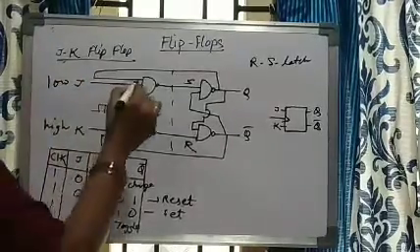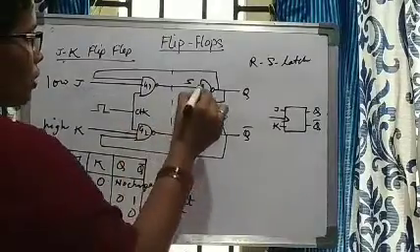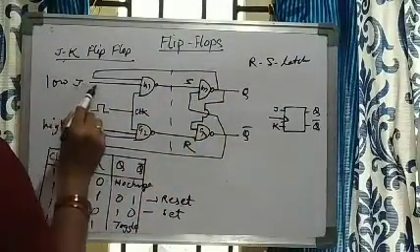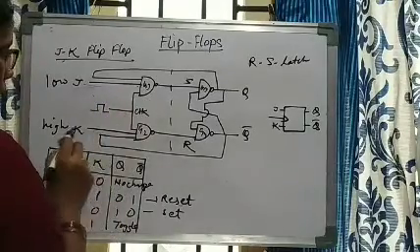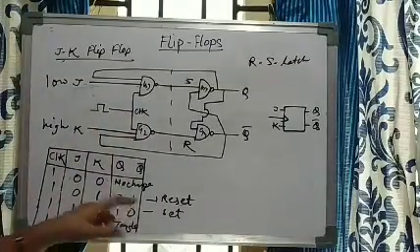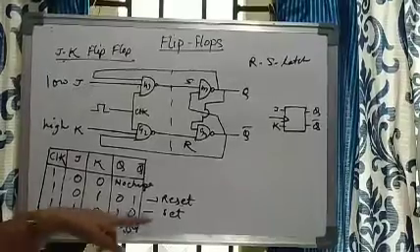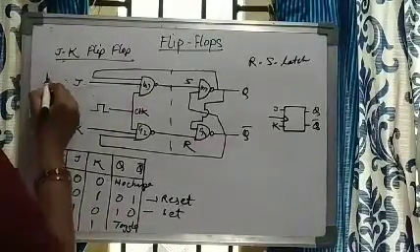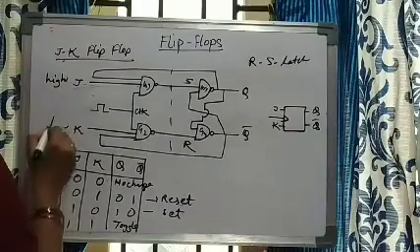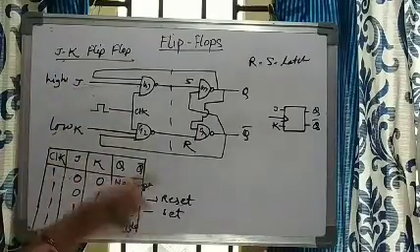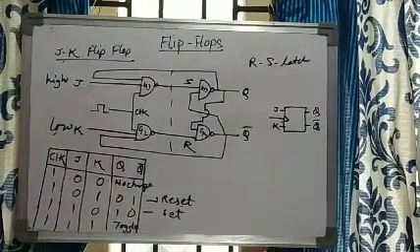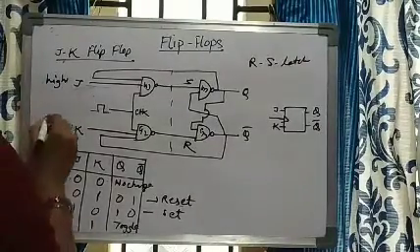If we name these gates G1, G2, G3, G4, when you observe low at G1 and high at G2, we get a reset condition. For the set condition, we have to do the reverse. That is, high at G1 and low at G2, we get the set condition. And the last one is your toggle. The last one is a toggle, meaning both the inputs are high.